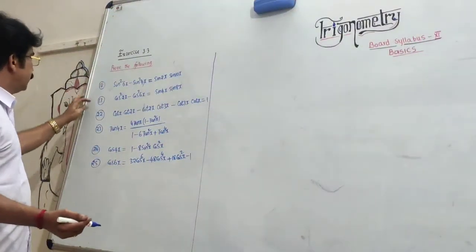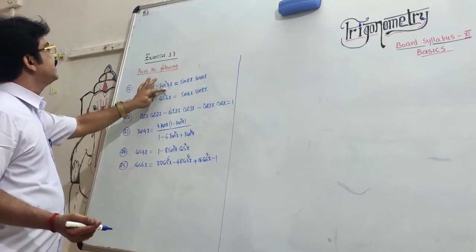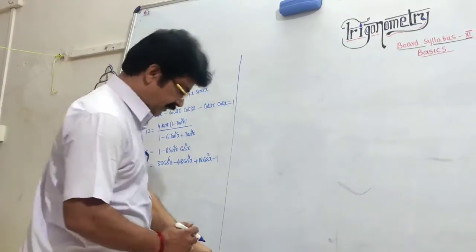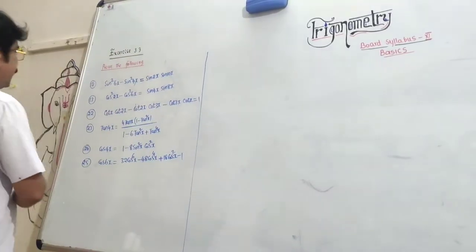Prove the following: sin square 6x minus sin square 4x equal to sin 2x into sin 10x. Okay, I will write the first formula.